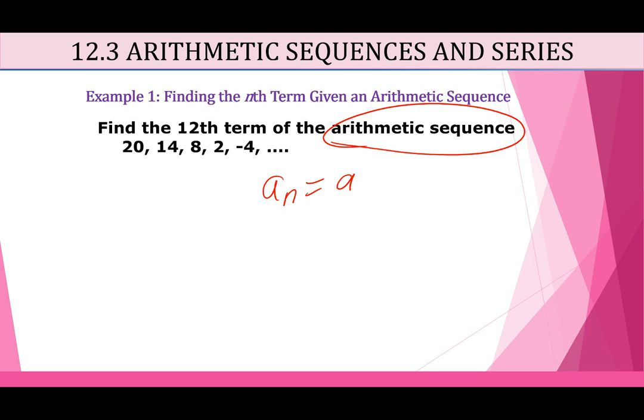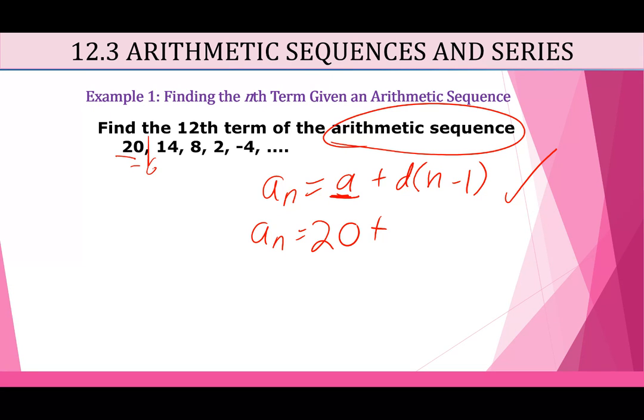So we know that the formula that I'm going to write for it is going to be based off of this formula, because this is the arithmetic sequence formula. So for this problem, my nth term will equal, now a is my first term, a is going to be 20 here, plus d. D is the difference, so I'm subtracting 6 from each successive term.